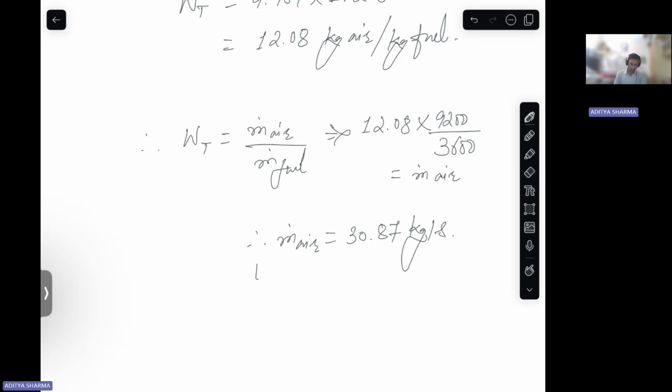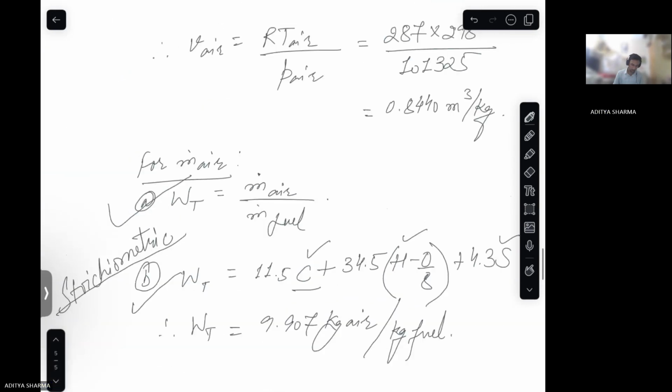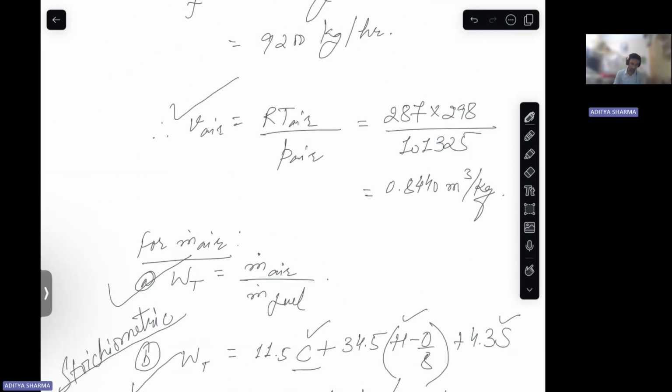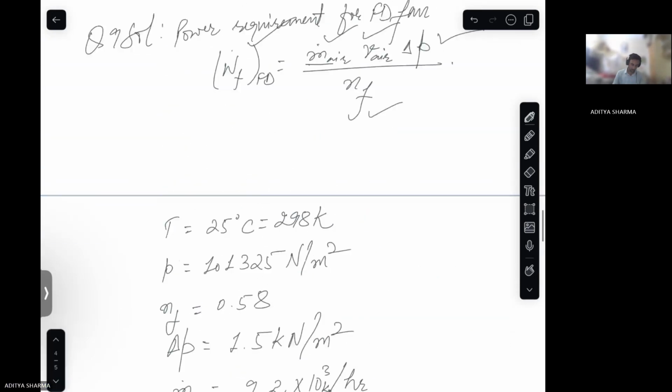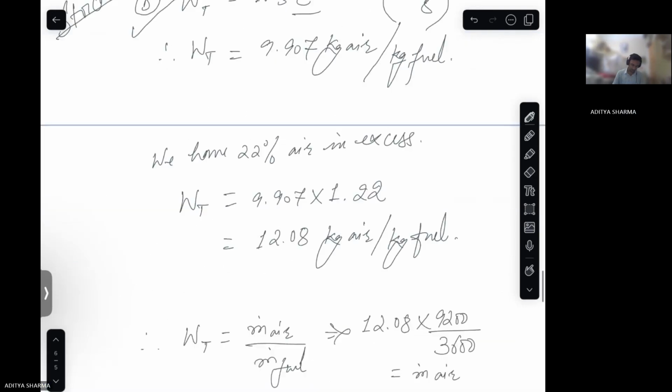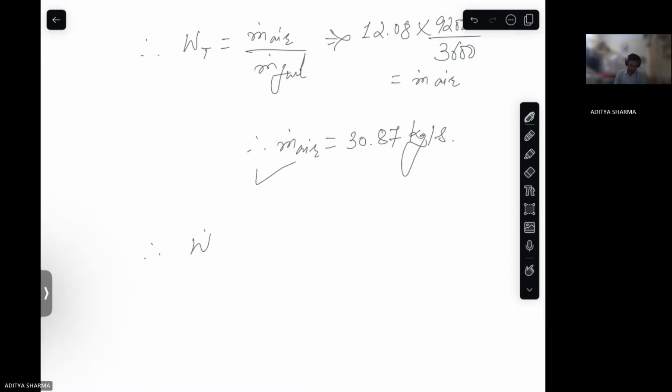So now we have mass flow rate of air. We have specific volume. Now we can calculate the power requirement. So mass flow rate of air is 30.87, specific volume is, right, and this is 1.5 kilonewton per meter square.